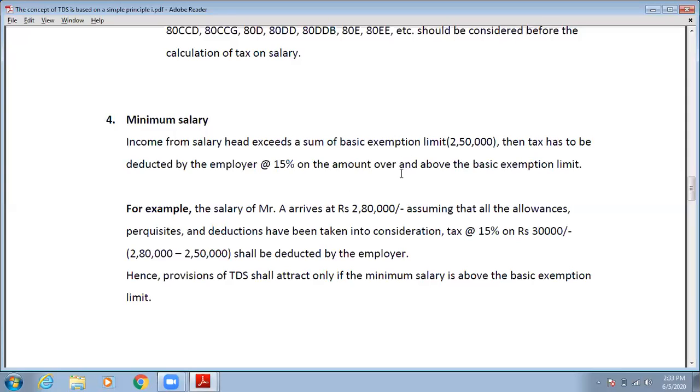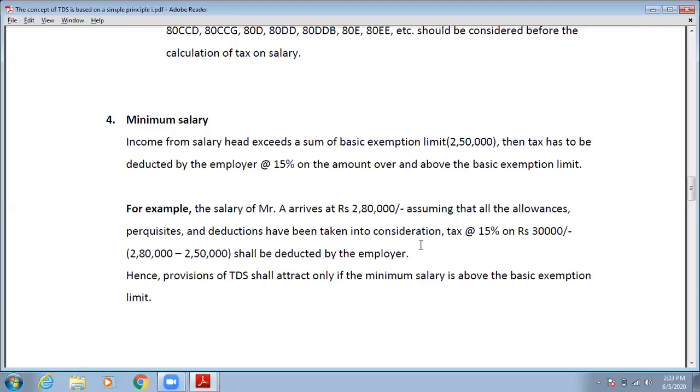Now, do you have to pay tax on 2,80,000 or on the 30,000 excess? The line says the amount over and above the basic exemption limit on which you have to charge 15% tax. Your salary exceeds the 2,50,000 basic exemption limit by 30,000. That's why on 30,000 you have to charge the tax, that is 15%.